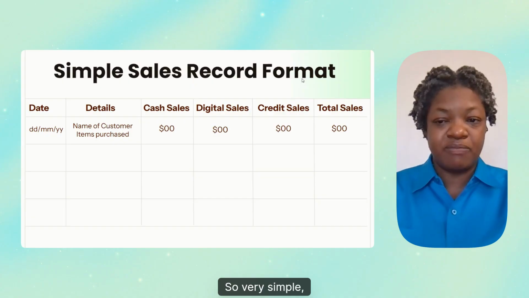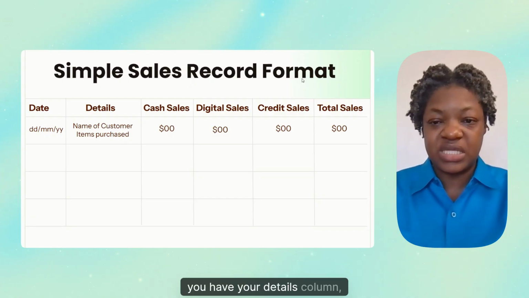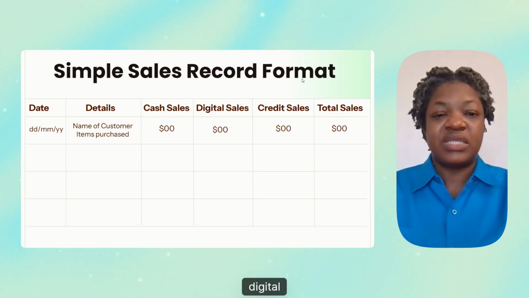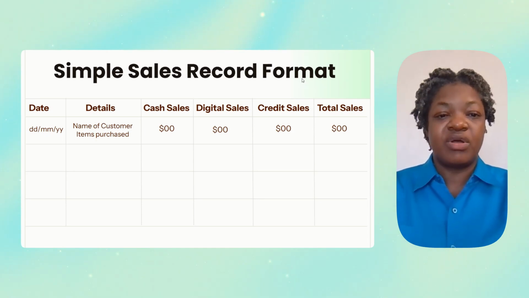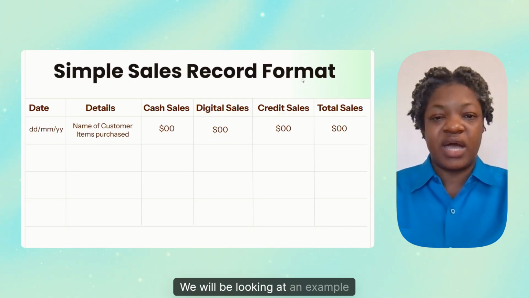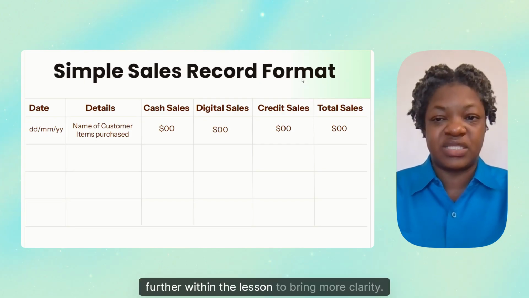So, very simple. You have your date, you have your details column, cash sales column, digital sales column, credit sales column, and your total sales. We will be looking at an example further within the lesson to bring more clarity.